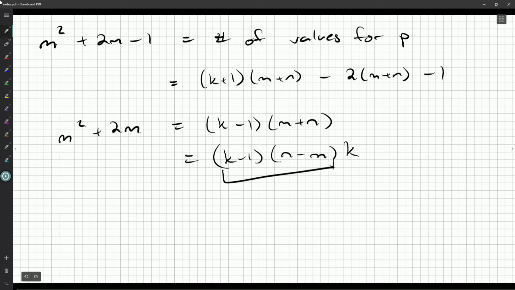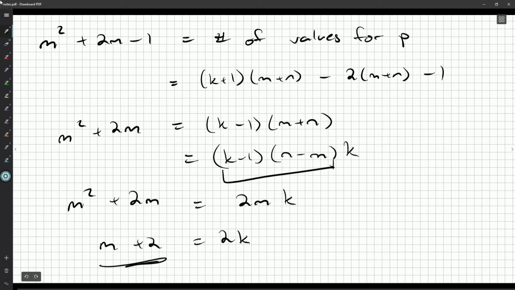So if instead I group these, I'll get 2m times k. And I've got a factor of m on both sides, so m plus 2 is 2 times k. So now I know what k is in terms of m. Right?